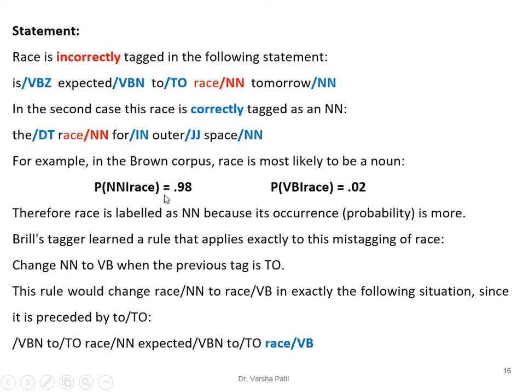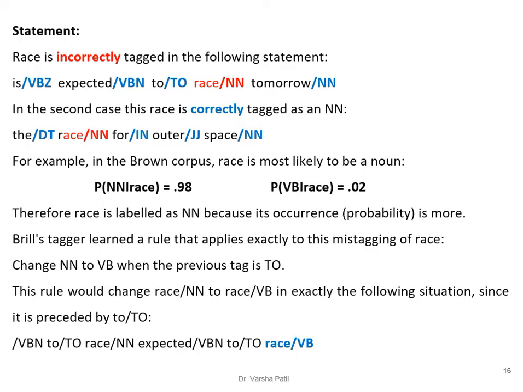That is very high, 0.98. When race acts as a verb it is very rare, only 0.02. Therefore race is labeled as a noun because its occurrence is more.